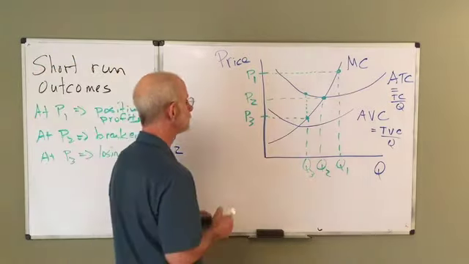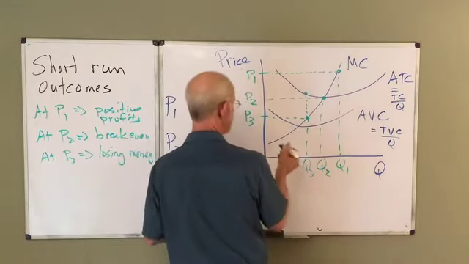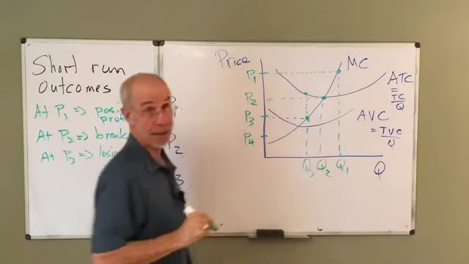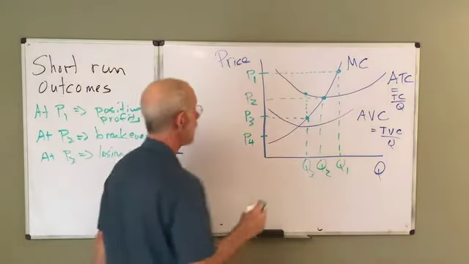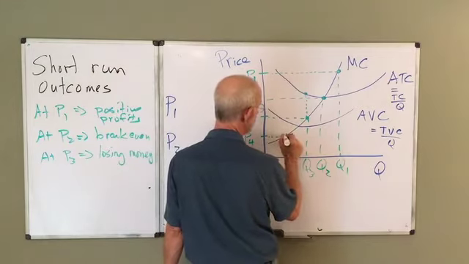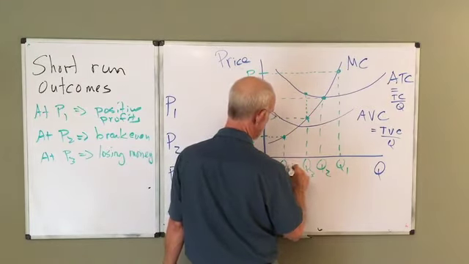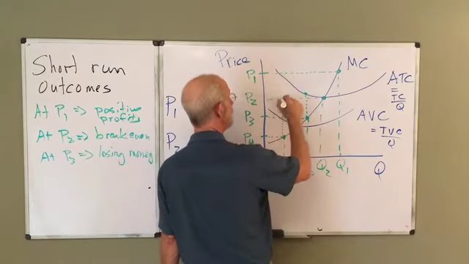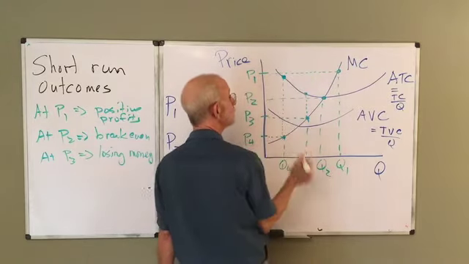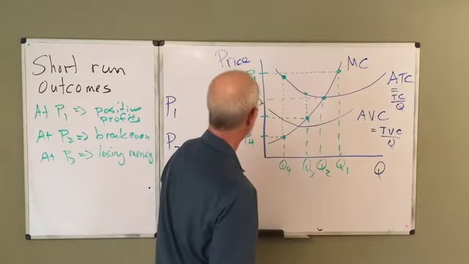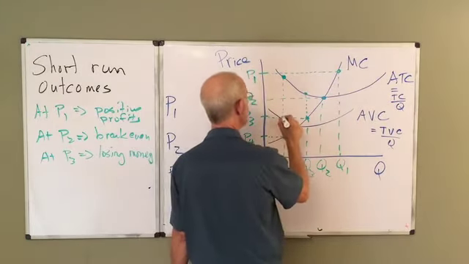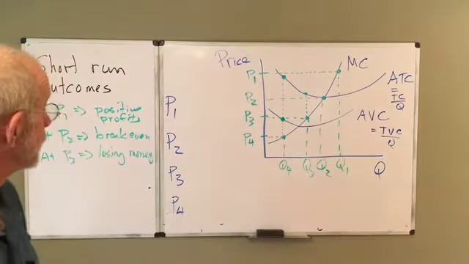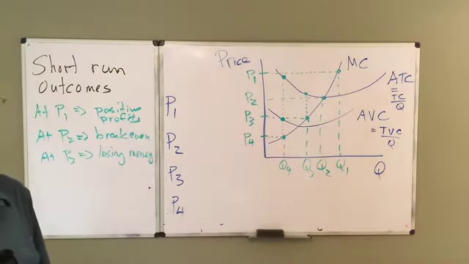What about at P4? Let's say things get really bad. I go over to my marginal cost curve and I'm definitely losing money, but I'm also below my average variable cost.